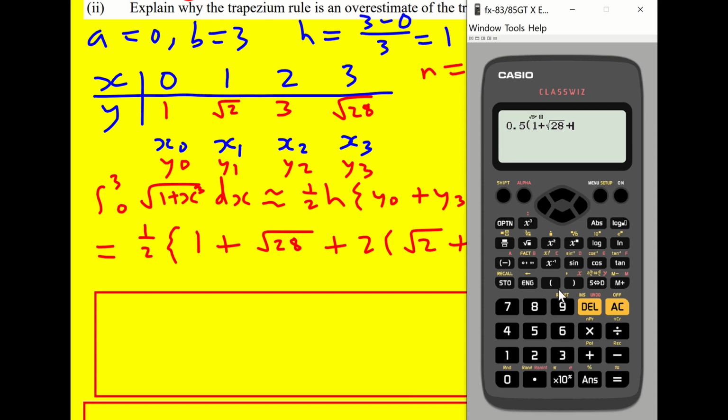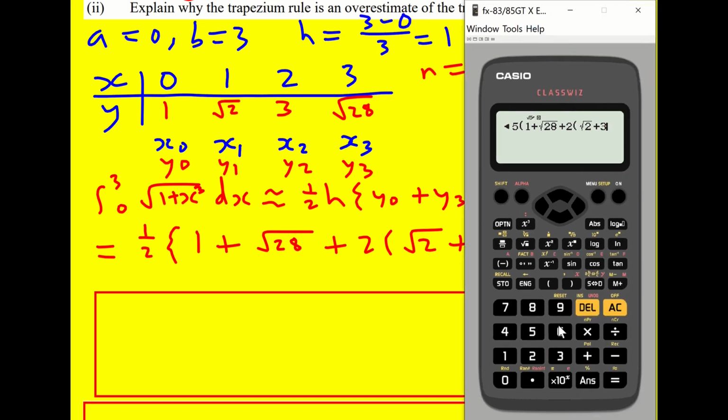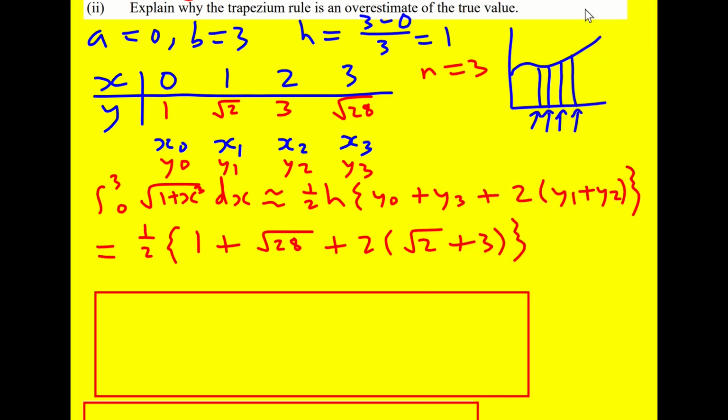Just do it really carefully. Okay, sometimes you have to press right to get outside of the roots. And the last one is 3. I've got to close 2 brackets, and we get 7.55996.